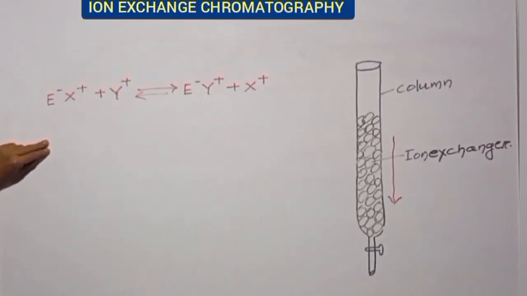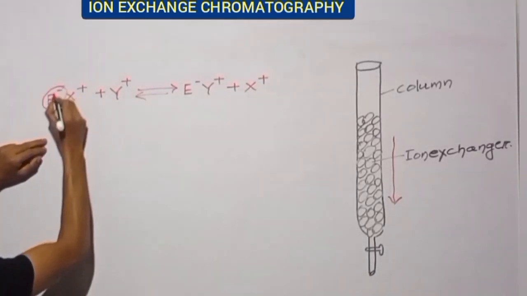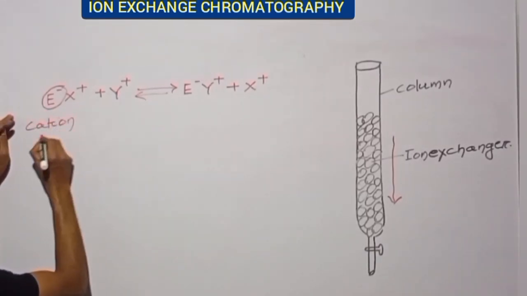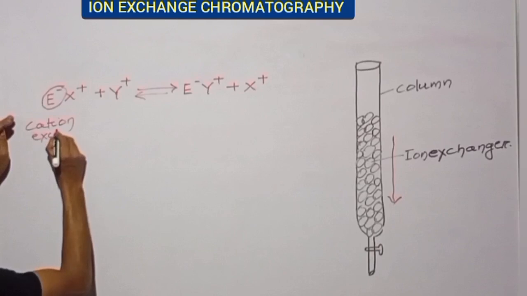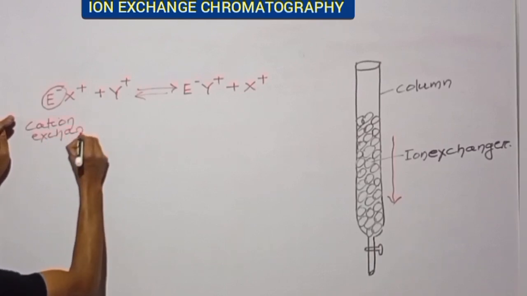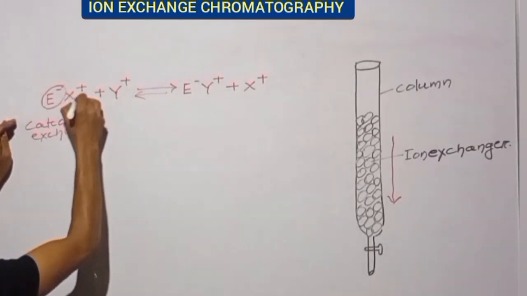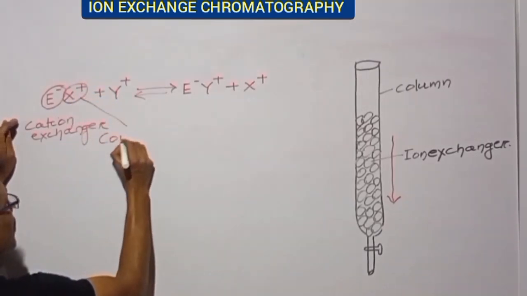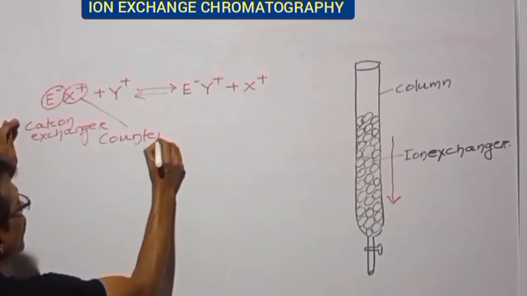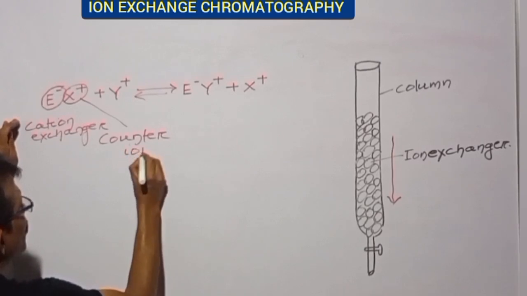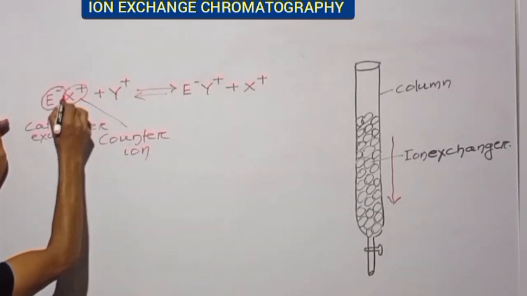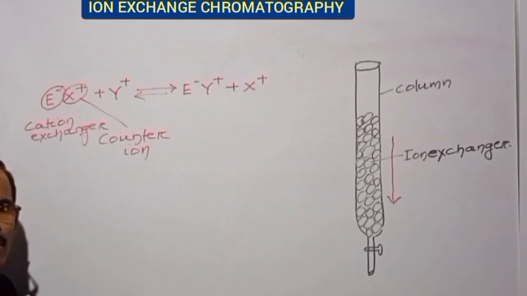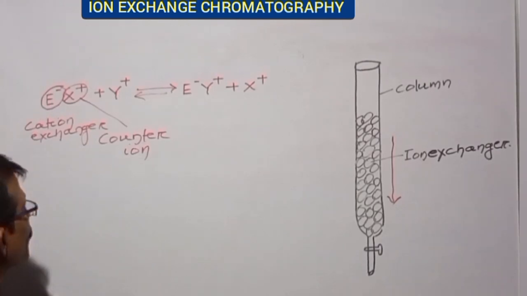In this equation, E minus represents the cation exchanger, and X plus is the counter ion which is attached to the negatively charged exchanger by the electrostatic force of attraction.